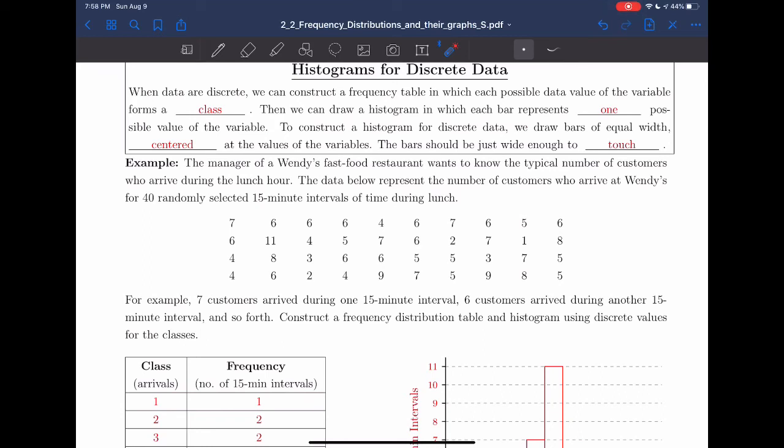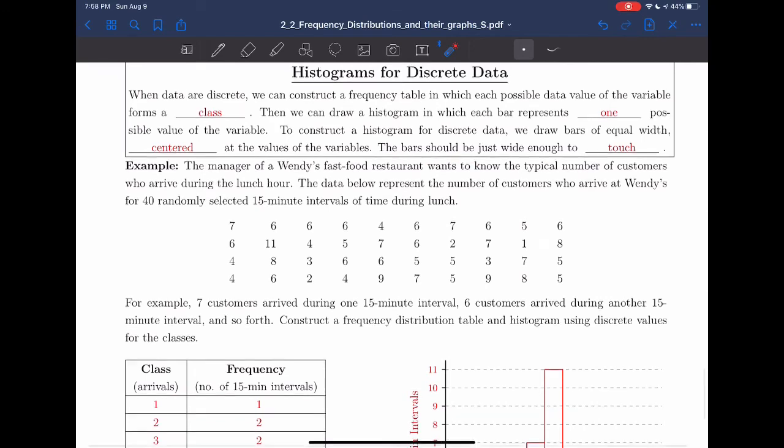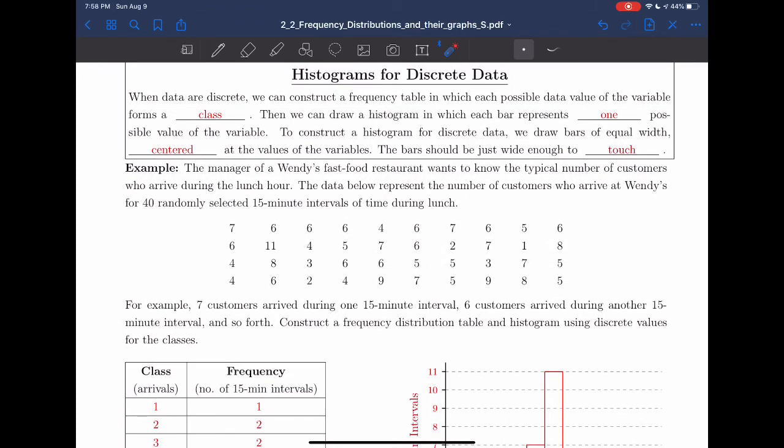To construct this histogram, usually we center our values, the height of the bars is the frequency, and the bars should just be wide enough to touch one another. Typically, a histogram for discrete data is not common, but it is possible to create one.